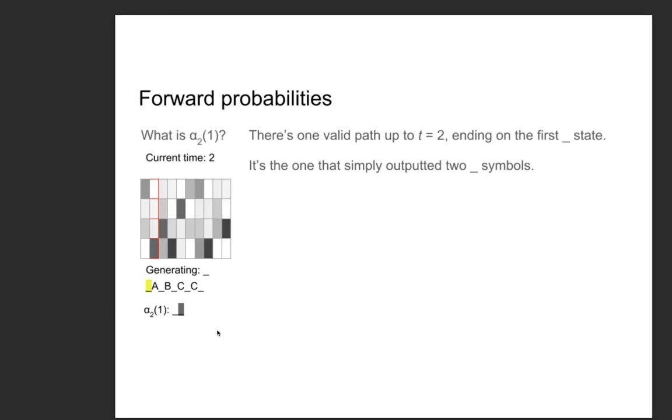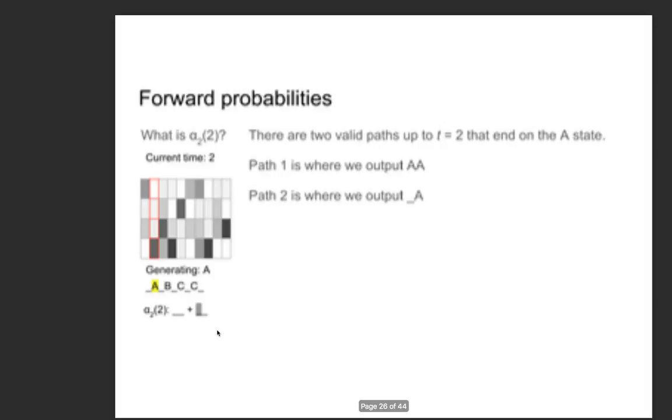And so for this case, oh wait, no, this was the case we've done this time. Wait, what was it? Okay. And so for this alpha sub 2 of 2, that means at time step number 2, we ended on state number 2. What state we were in at time step number 1 doesn't matter. We're going to sum over all the different ones that could have been.